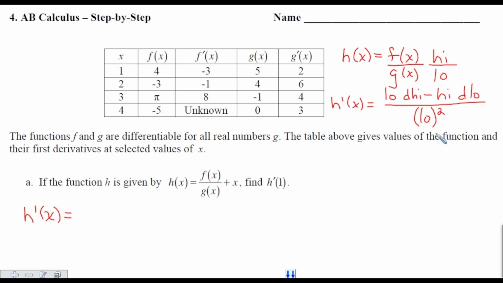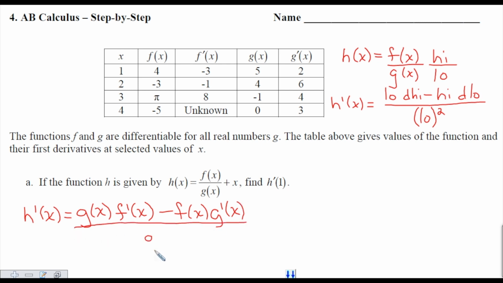So when I work this problem out, I'm going to work it thinking like that. So I'm going to do low, which is G, D high, and so what we're going to do is just indicate that we want the derivative there by putting that prime there, minus high D low, so that means take the derivative of the bottom over the bottom squared.